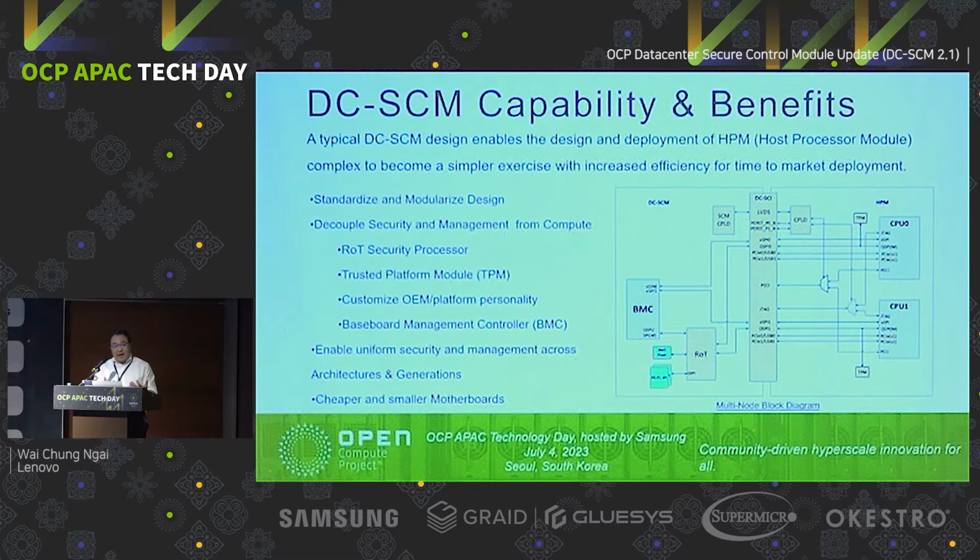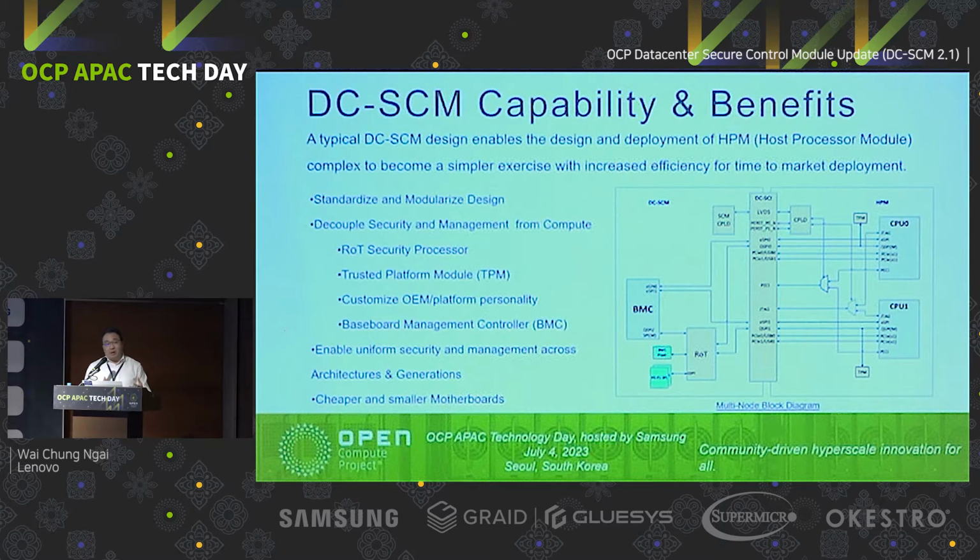The reason for that is, from the perspective of a hyperscale or CSP user, they are going to have a lot of different servers, systems, or motherboards that they design to fit their users.